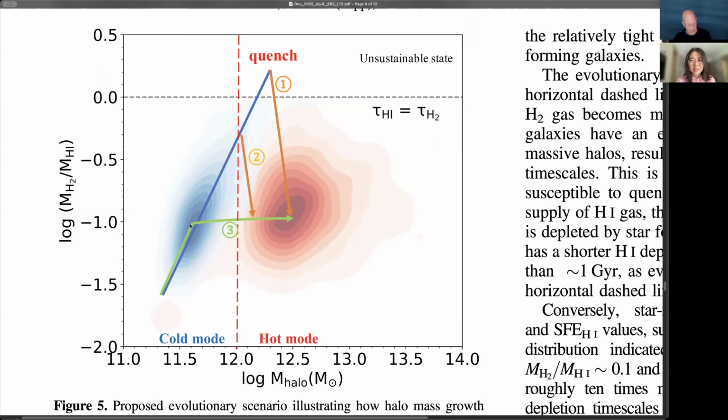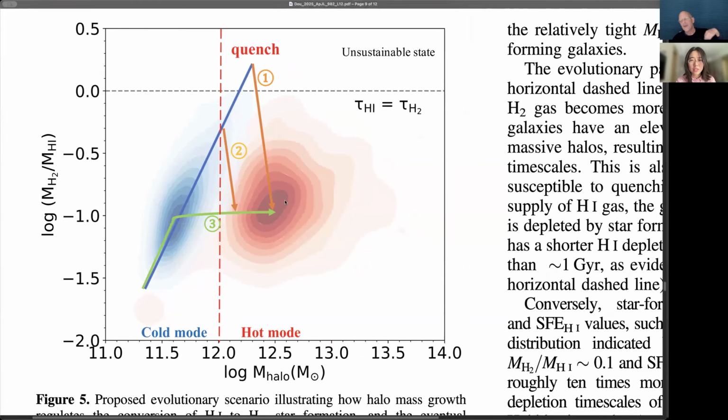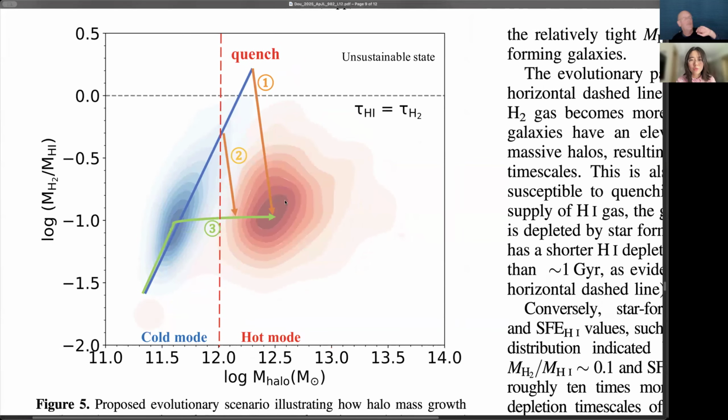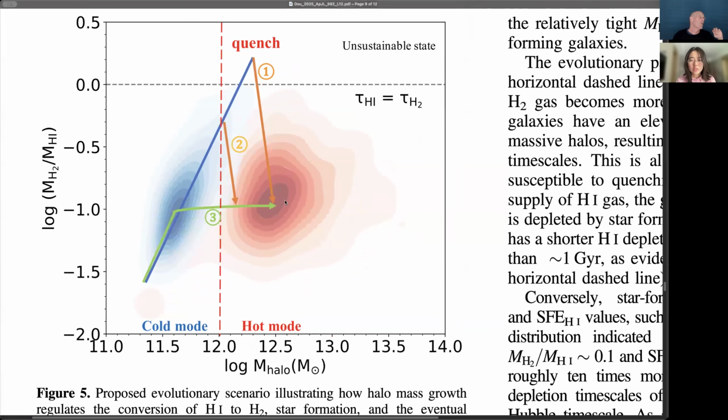But actually, it's not very likely, because from the peak of the blue contours to the peak of the red contours, the dark matter halo mass increases by about 1 dex, which means that the galaxy has to be quenched at redshift about 3 or 4, because the dark matter accretion rate in the local universe is low.